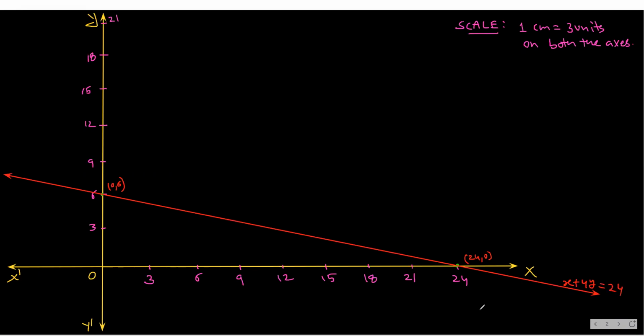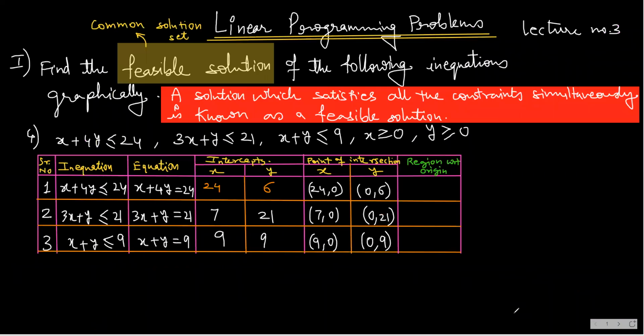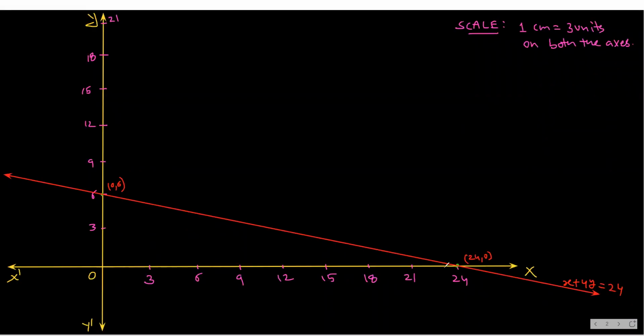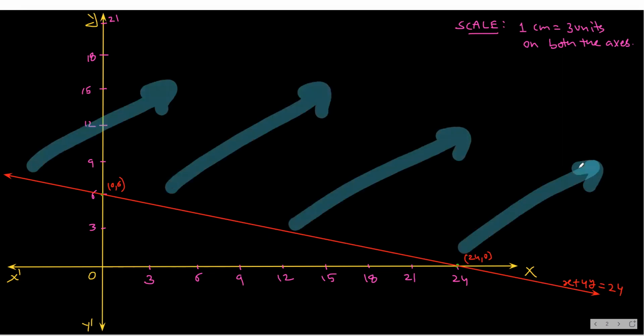Students, immediately after this, I will go for its solution set. You know that this line divides the xy plane into 3 disjoint sets: one is the line itself, and the other 2 are the 2 halves, one above the line and the other below the line.